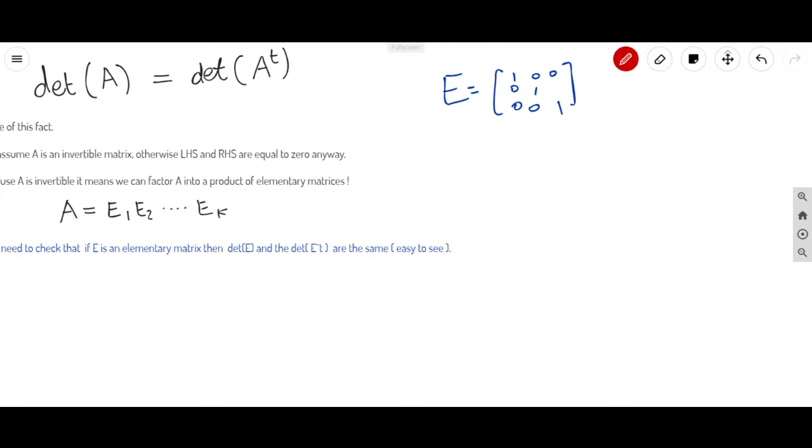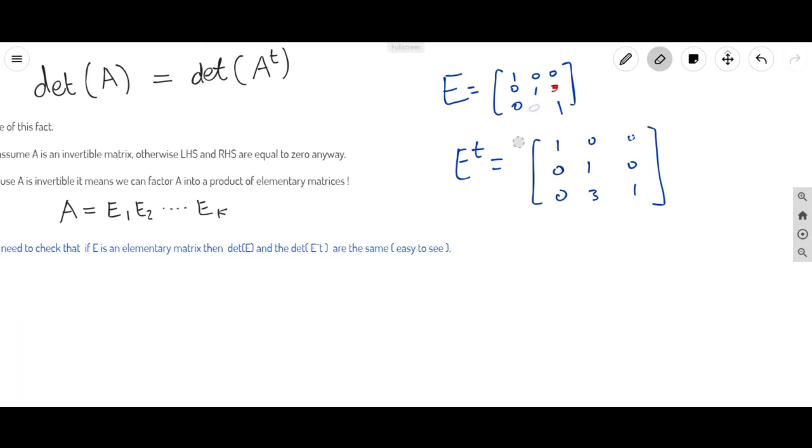Then the elementary matrix will look like that. Now, if you take the transpose of that, you're actually getting something that is different. You would actually get something which is like this. So the 3 gets moved over here.